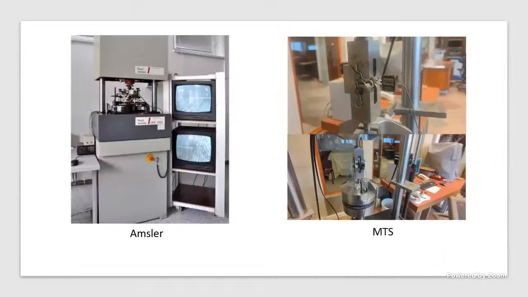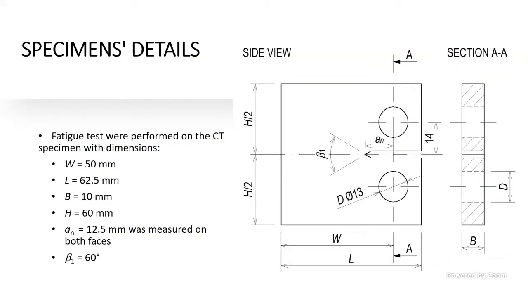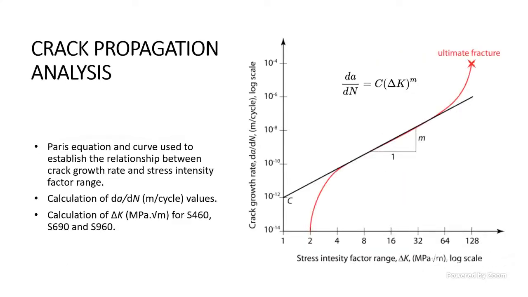Here is a look at shots from both, one in Brno and one at this institute. Looking at the specimen details, a compact tension specimen, and the crack propagation analysis, we can see the Paris curve and Paris law, which helps establish a relationship between the stress intensity factor and crack propagation rate or growth rate.